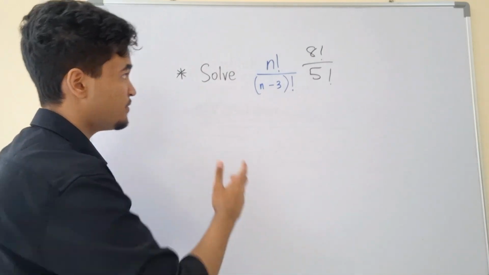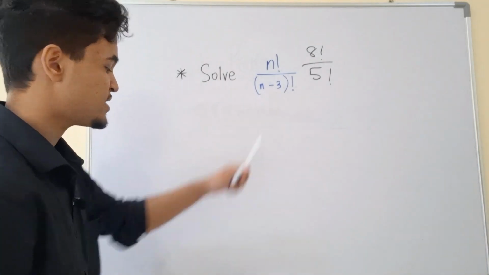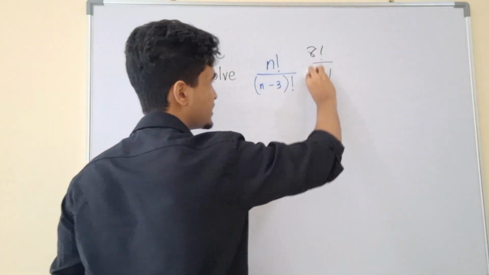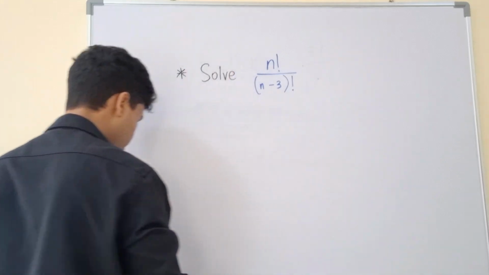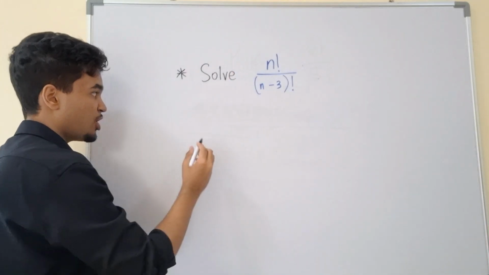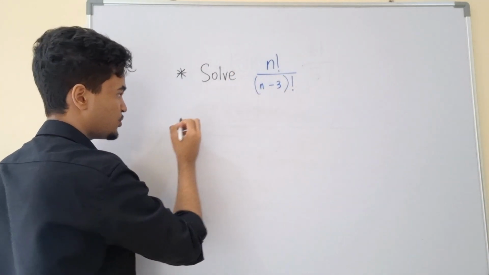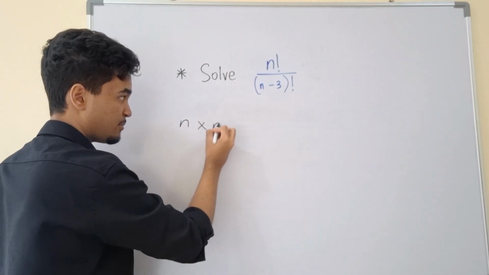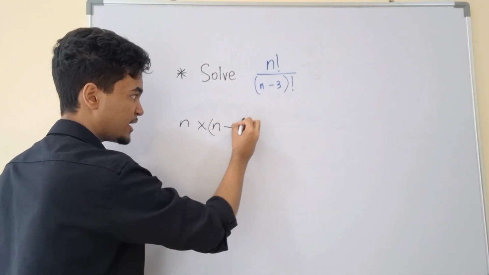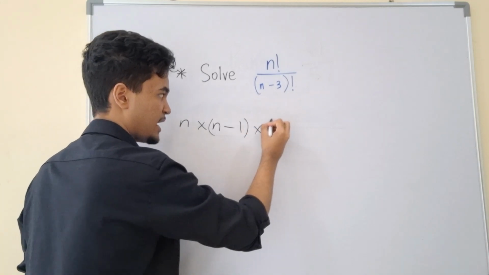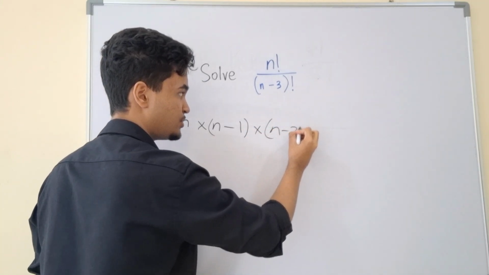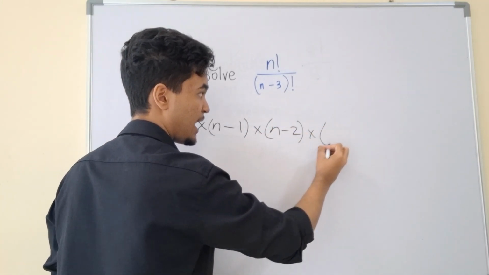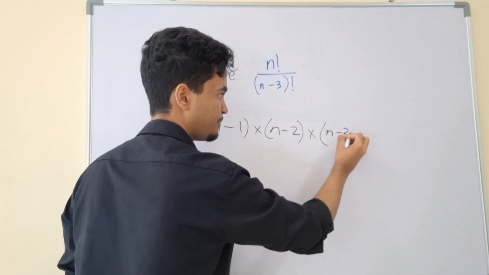So if you want to solve it in terms of this and ignore whatever this is, what you're going to do is start with n factorial, and you're going to write n times (n minus 1) times (n minus 2) times (n minus 3).